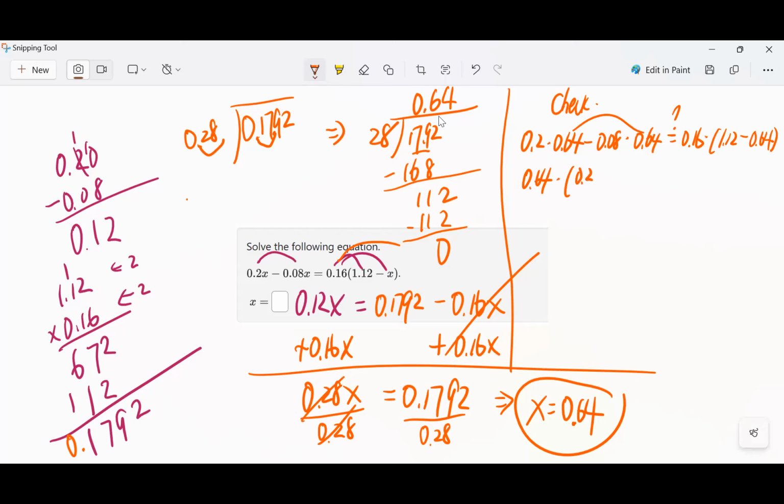Then it's 0.2 minus 0.08. That's on the left. And on the right is 0.16 times 1.12 minus 0.64, we don't know yet. So it's 0.64 times, this is 0.12.